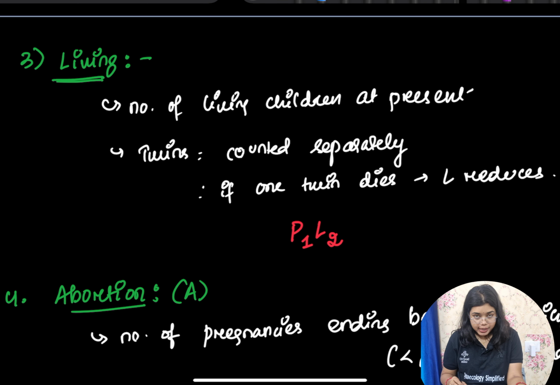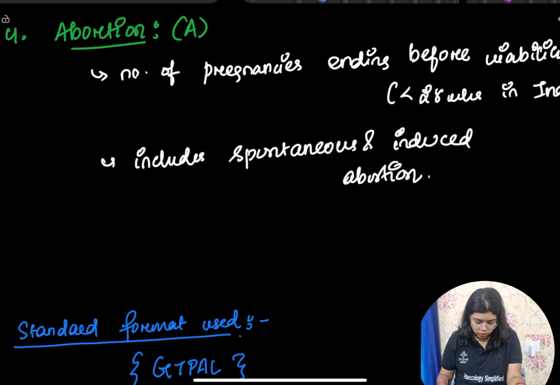But if one twin dies, then it will be para 1 living 1. So if one twin dies, then L reduces. Understood?